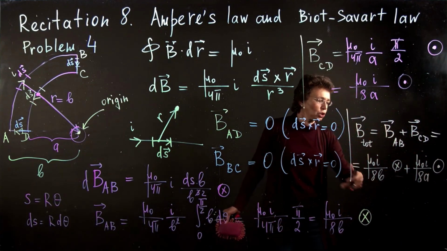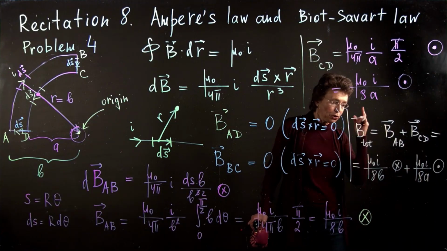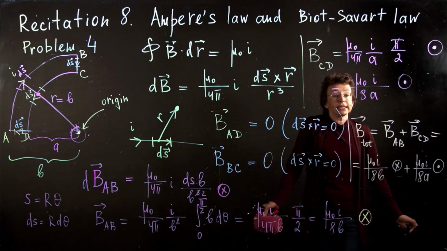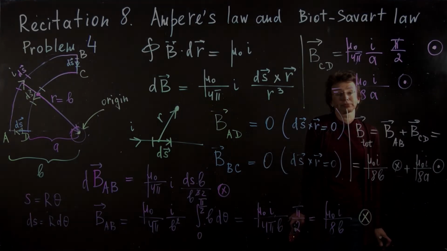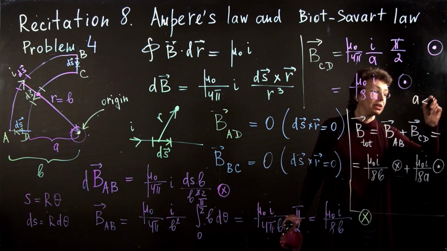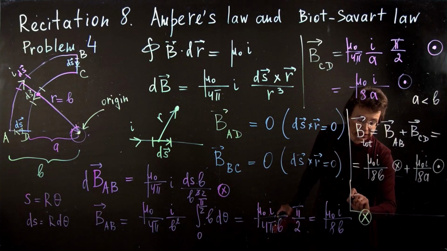Or when you start substituting the numbers that you are given, you have to take into account that if one is positive, another one is negative. In this case, since A is less than B, we know what will be the direction of the magnetic field.